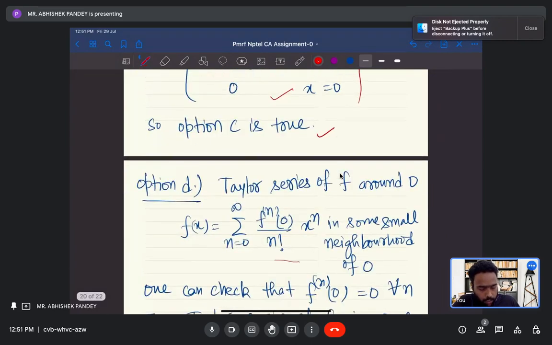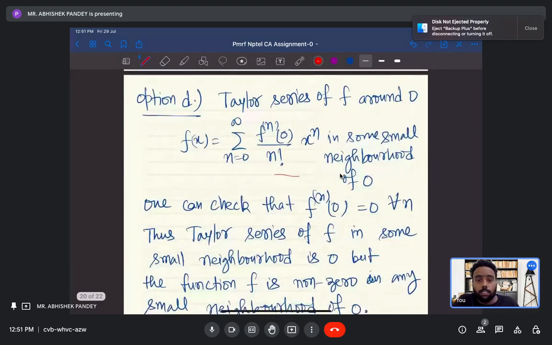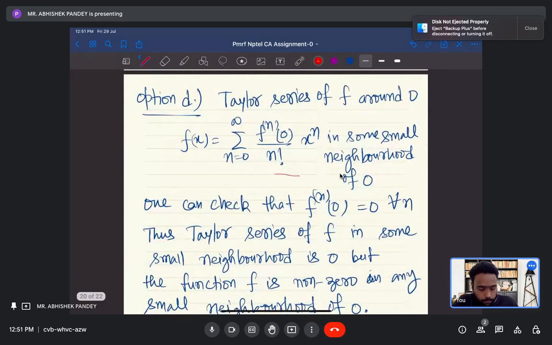For option D, we need to check the Taylor series of f around 0. The form of the Taylor series is: f of x is equal to the summation of f^(n)(0) upon n factorial into x to the power n in some small neighborhood of 0. One can check that the nth derivative of f at 0 equals 0 for all n.